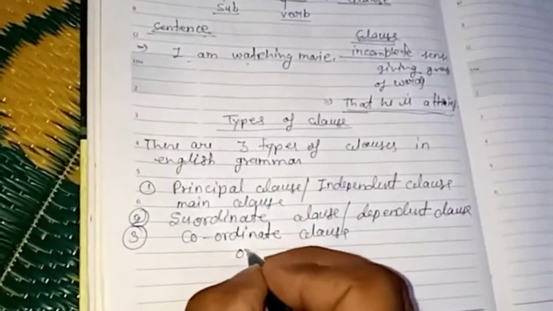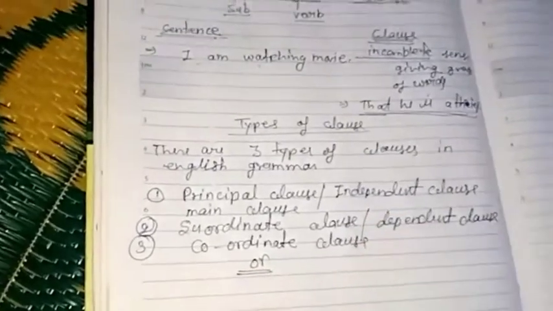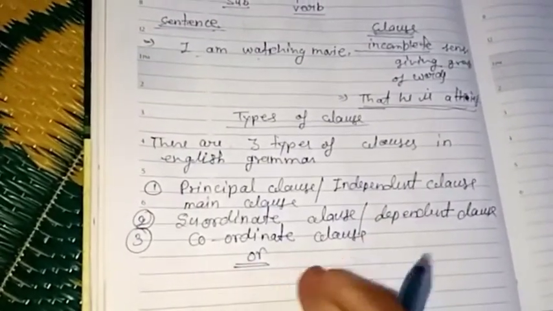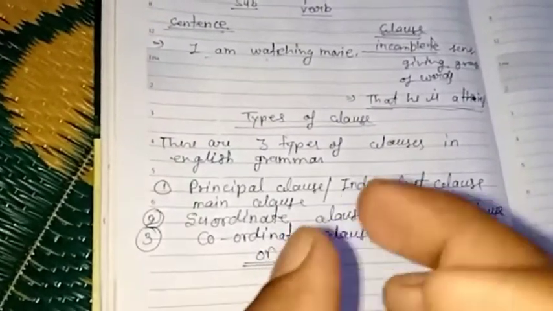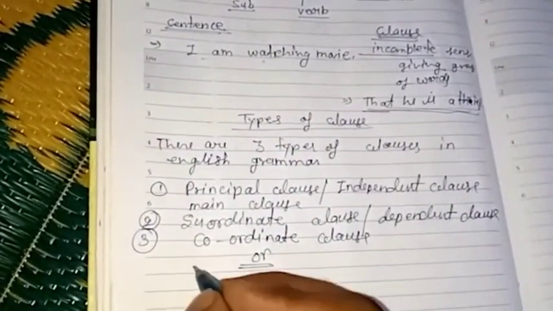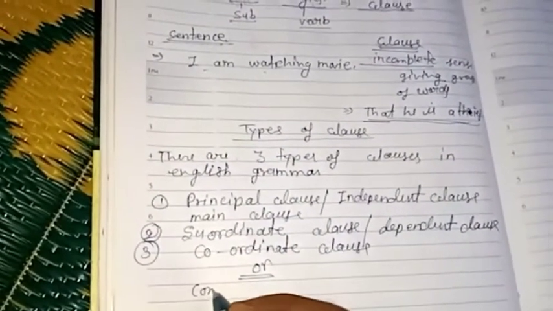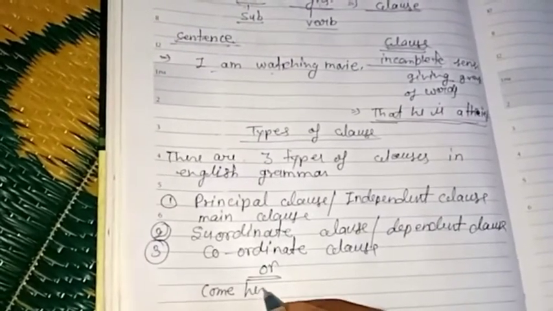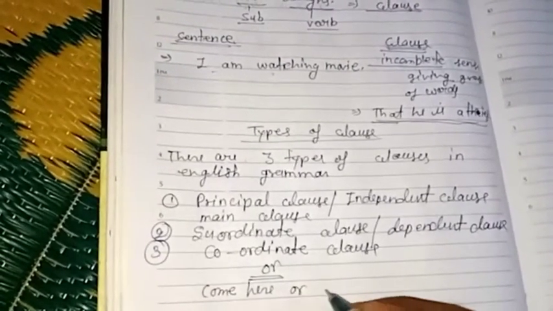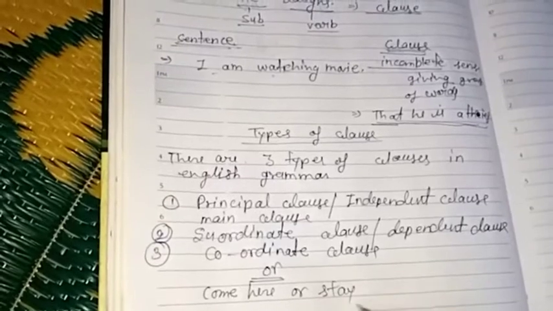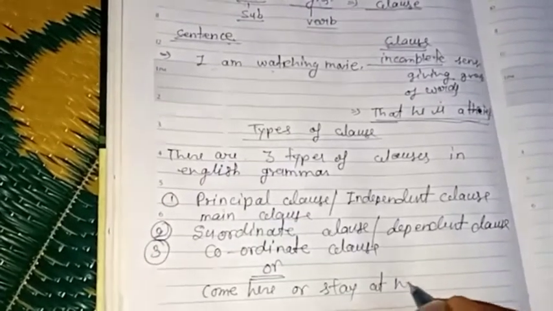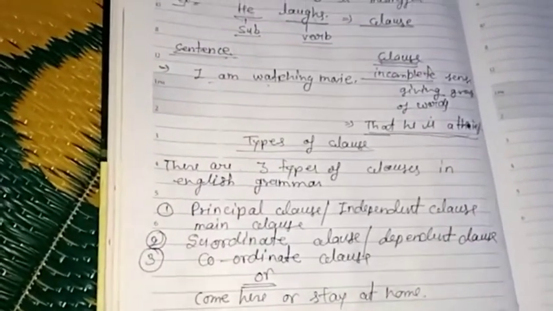Let me give one example of coordinate clause. Come here or stay at home.